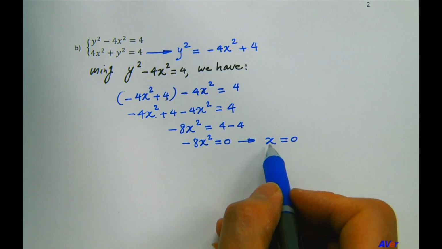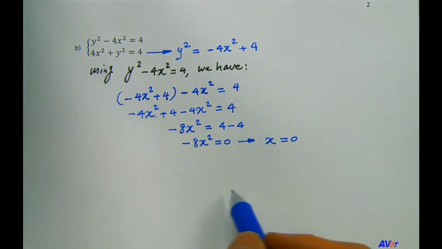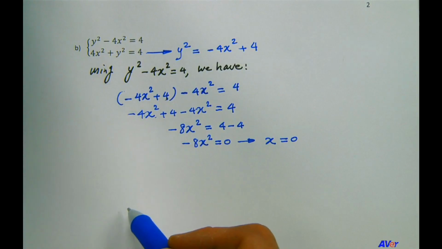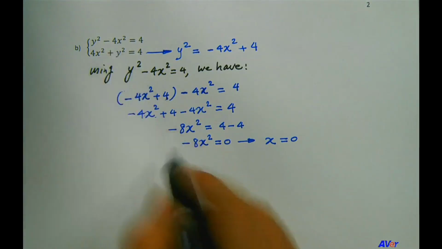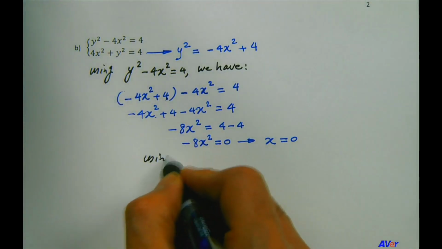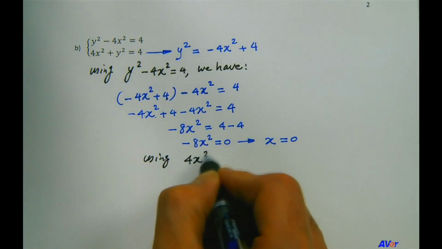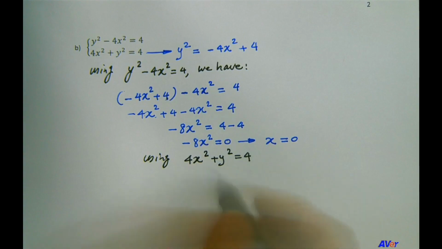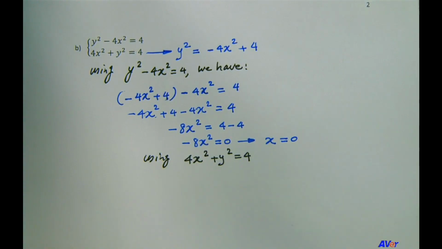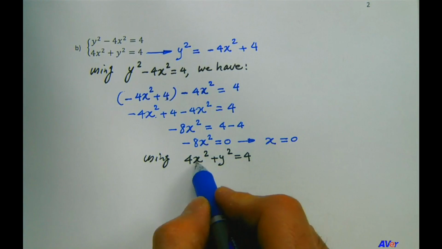Let's plug this into any of the original equations and solve for y. So I'm going to use the bottom equation. So using 4x squared plus y squared equals 4, and substitute for x with 0.